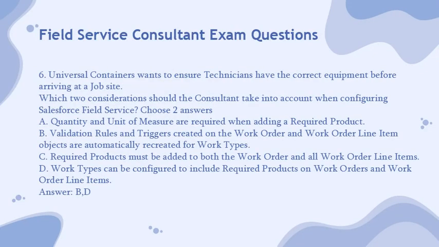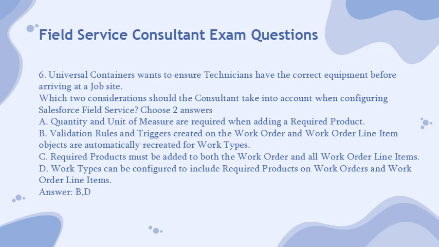6. Universal Containers wants to ensure technicians have the correct equipment before arriving at a job site. Which two considerations should the consultant take into account when configuring Salesforce Field Service? Choose two answers. A. Quantity and unit of measure are required when adding a required product.